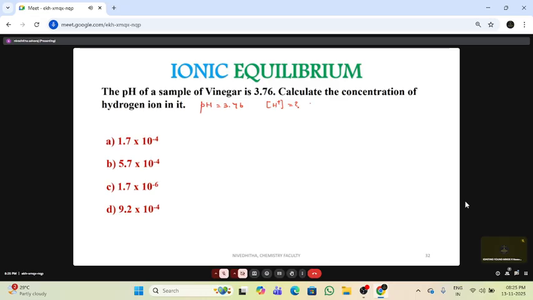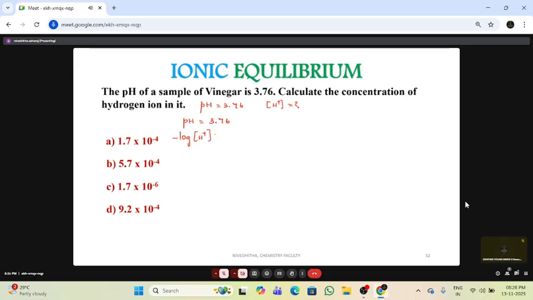Okay, shall we do it together? Kana, listen here. What is the formula, Kana? So the given value is 3.76. What is the formula for pH? Minus log of H+ ion.